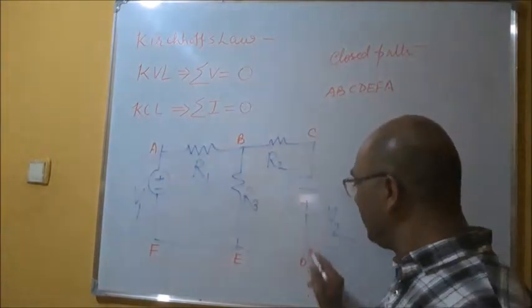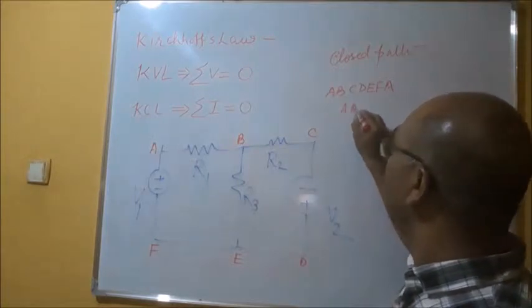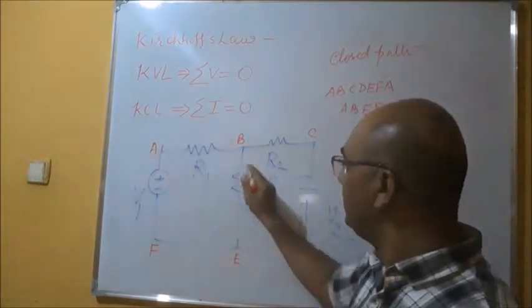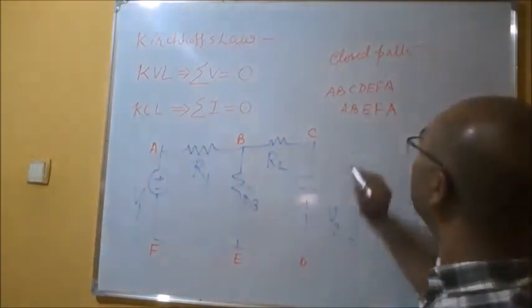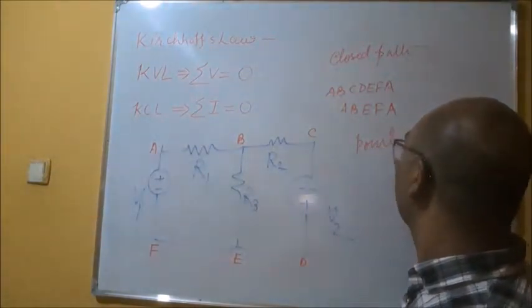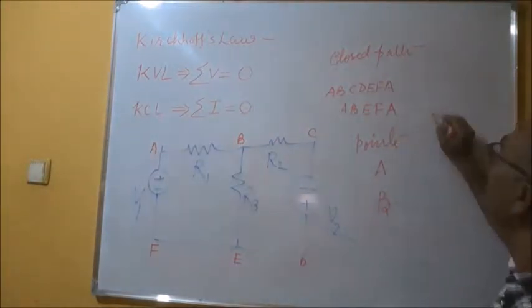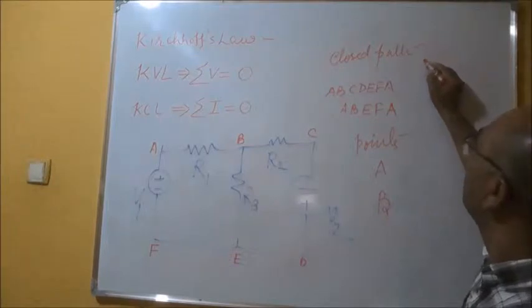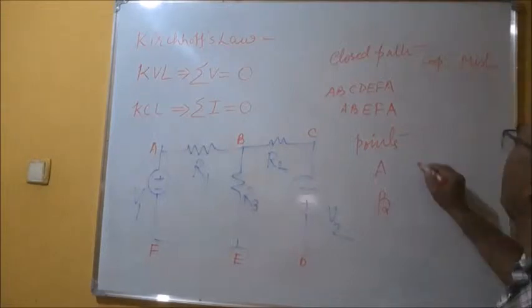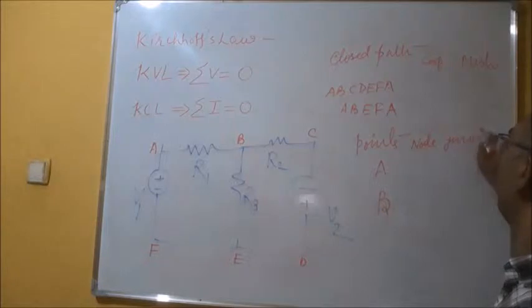In the second, A, B, E, F, A. Similarly, we see two points, suppose point A and suppose point B. So I just want to check loop and mesh, and node and junction.